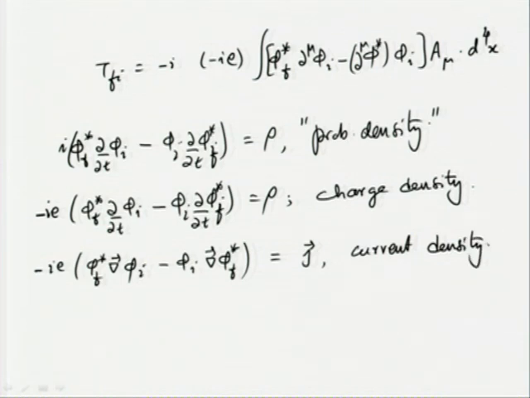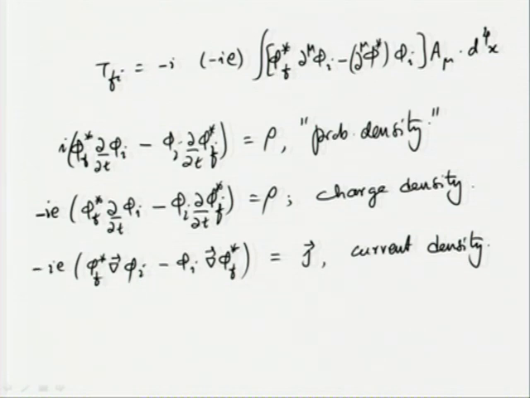So, the probability density and the probability current density we multiplied by the electric charge, we call it charge density and the current density respectively. I think this is with a minus sign already there, we will check that out.